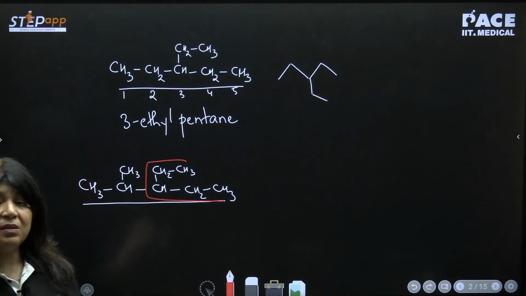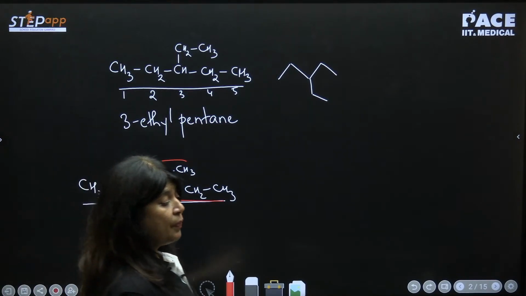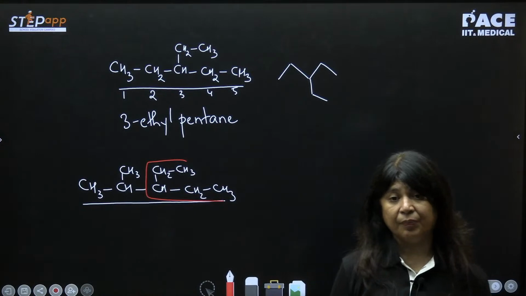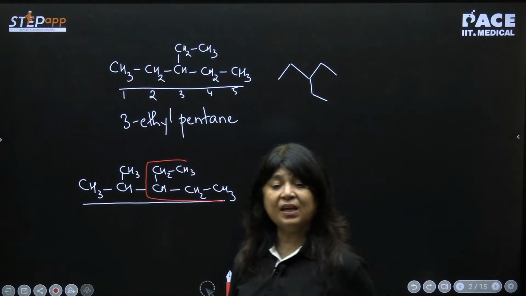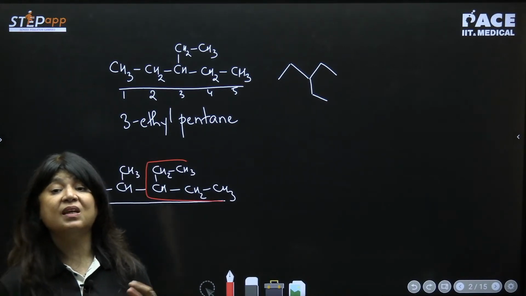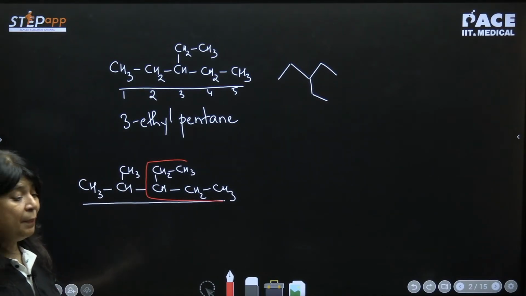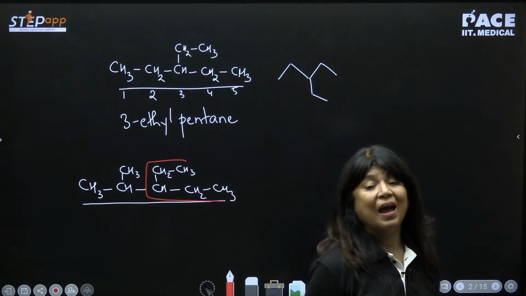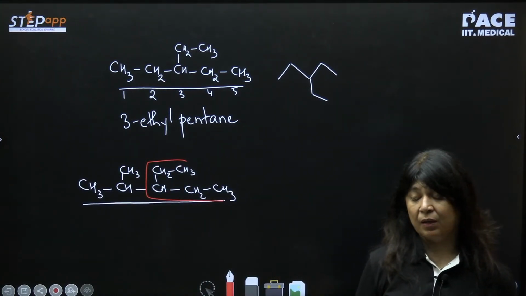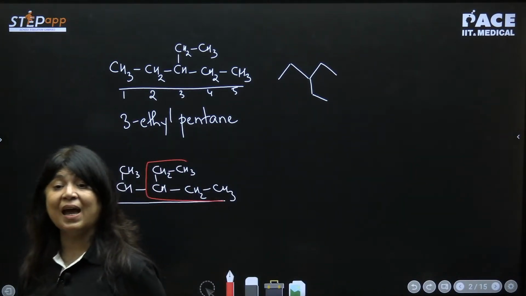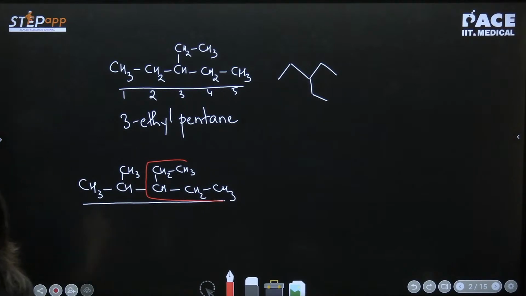Under these circumstances, the rule says that when there are 2 chains having equal number of carbon, then select that chain as the parent chain which has more number of substituents. I repeat, if there are 2 chains in the molecule having equal number of carbon, then select that chain as the parent chain which has more number of substituents.